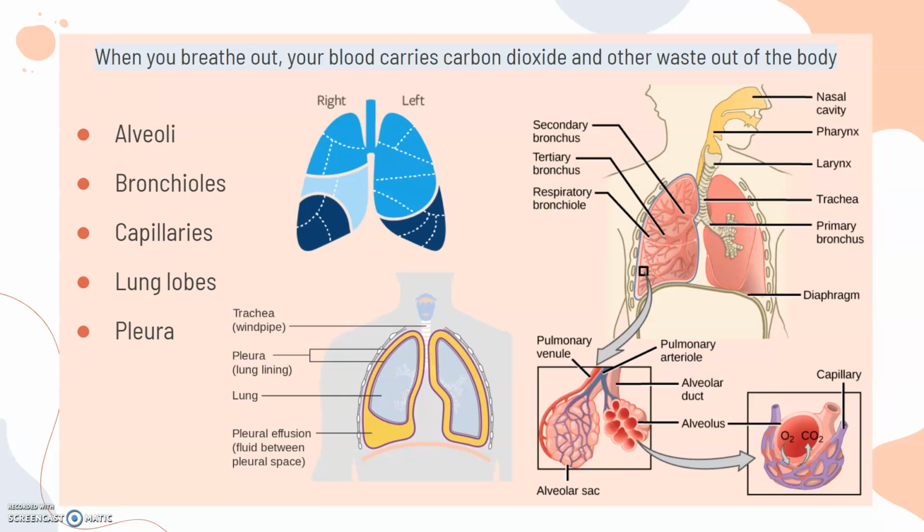There are also the lung lobes, which are sections or parts of the lungs. You can see in the image here that the left lung has only two lobes, and the right one has three lobes.